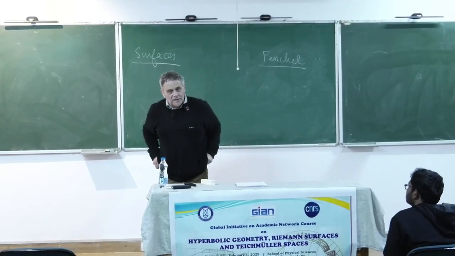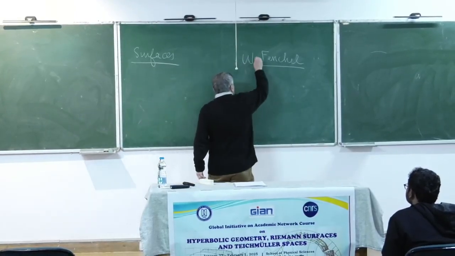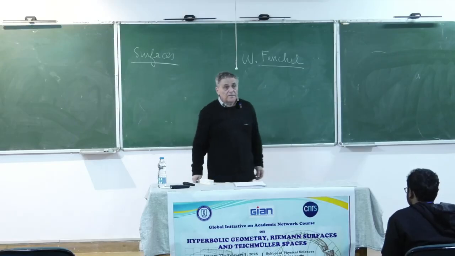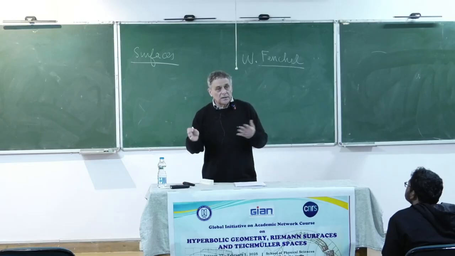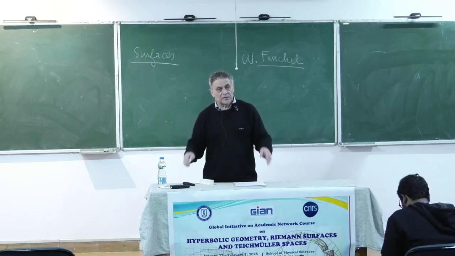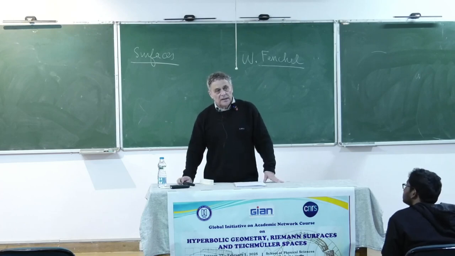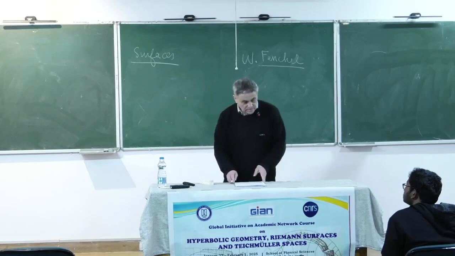But he wrote this book much earlier, Werner Fenchel. He has a lot of trigonometric formulas, not only for hexagons, but all sorts of polygons, and with not necessarily right angles. So there is trigonometry there. Just look into this book.